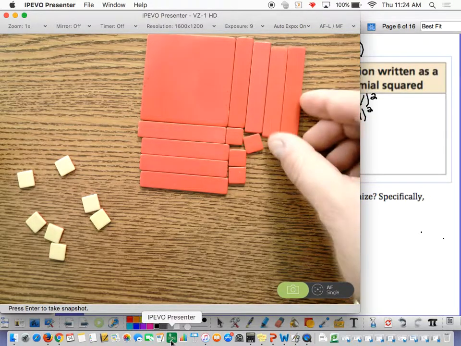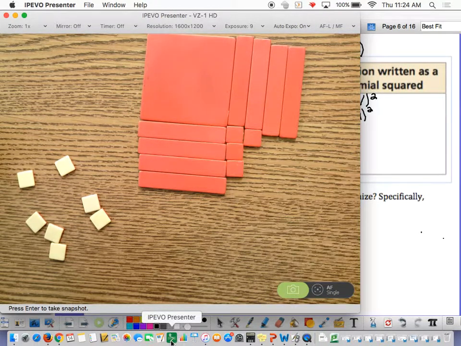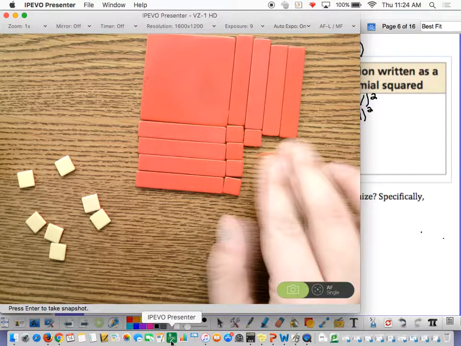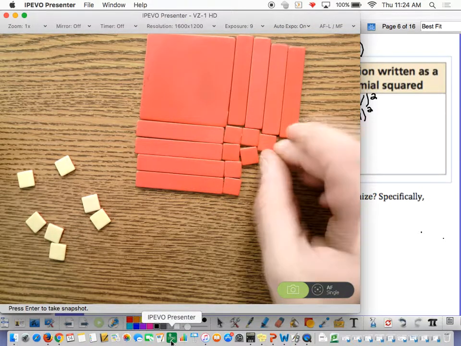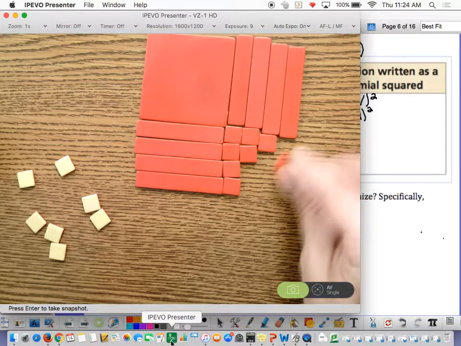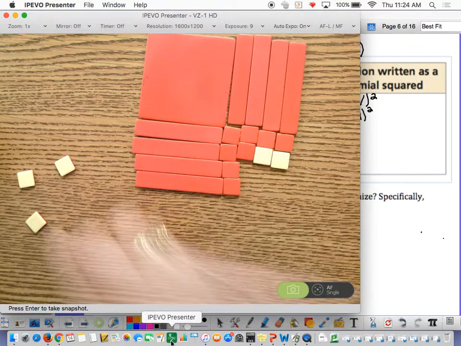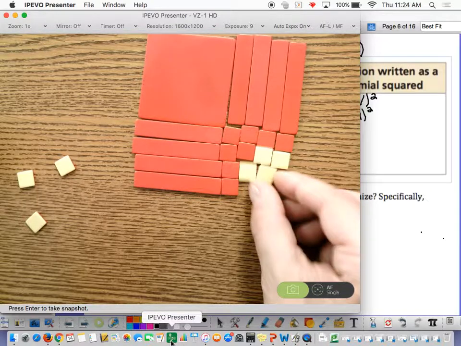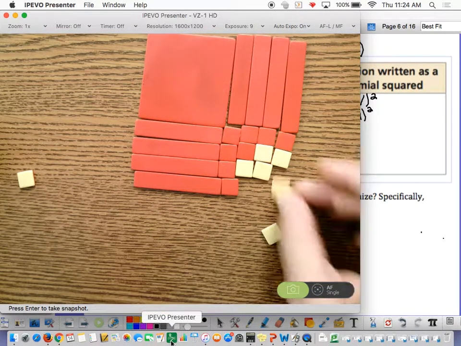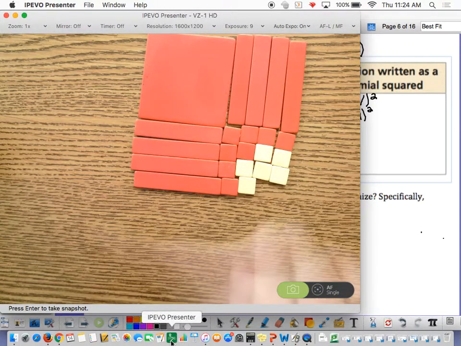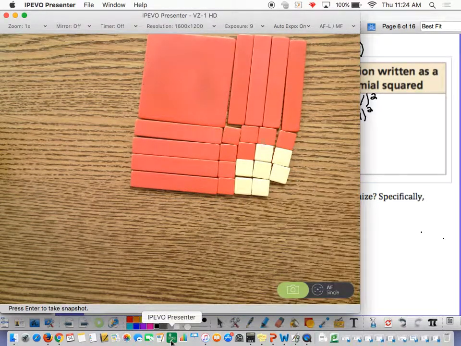Then you've got 5, 6, 7. Maybe you already see the pattern. 8, 9, 10, 11, 12, 13, 14, 15, and one more. As you can see, I dropped one, but one more would then be 16.